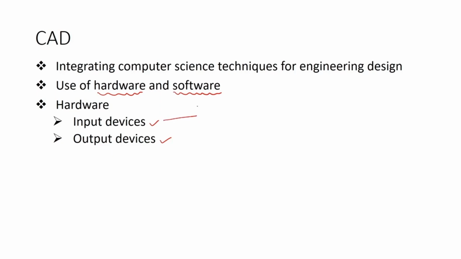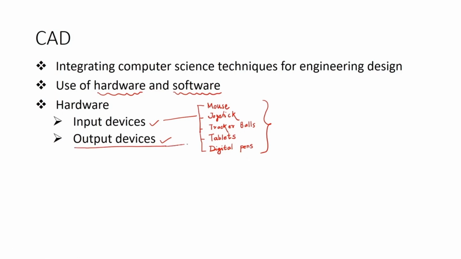The input devices are a typical mouse, a joystick, tracker balls, tablets, digipens or digital pens. With these input devices, we are entering the required information to carry out the design operation. And what are the various output devices?